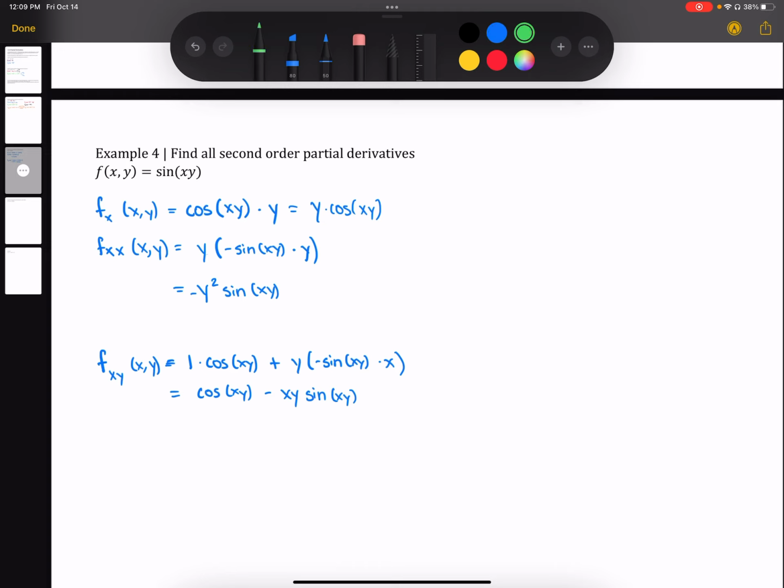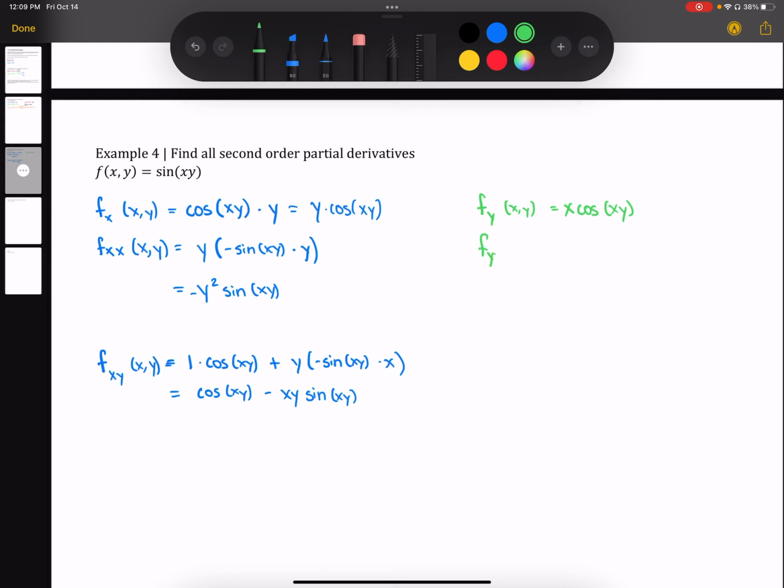So for our partial derivative for y, fy of xy, we're still going to get for the first one cosine xy. But now the derivative of xy with respect to y means we multiply by x.